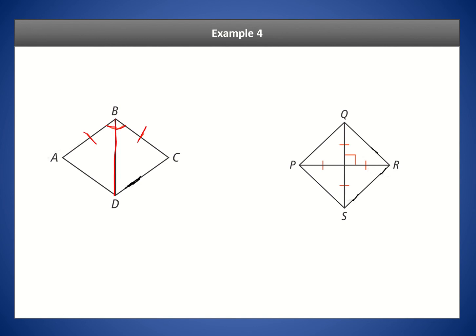So what we're going to do is we're going to get some more information out of this. Since we know that these two angles are the same, these two sides are the same, what we're going to say is that we know that this diagonal is congruent to itself by the reflexive property. And then we know, therefore, that by side angle side, these two triangles are congruent.